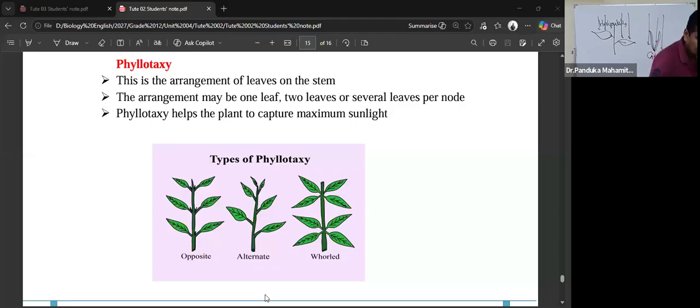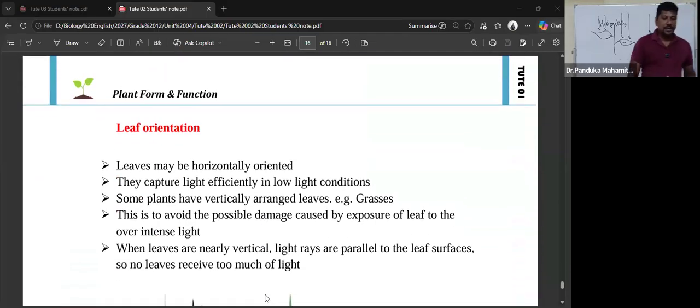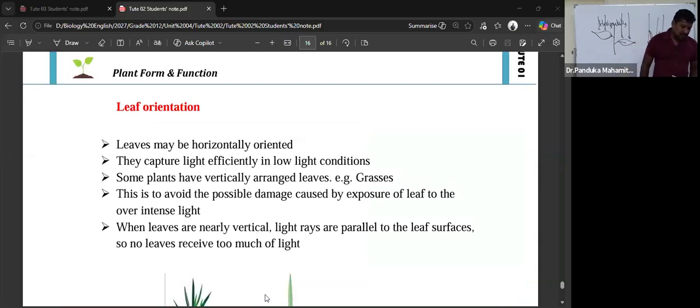So, leaf orientation. Leaves may be horizontally oriented. They capture light efficiently in low light conditions if they are oriented at the horizontal level. Some plants have vertically arranged leaves, for example, grasses.